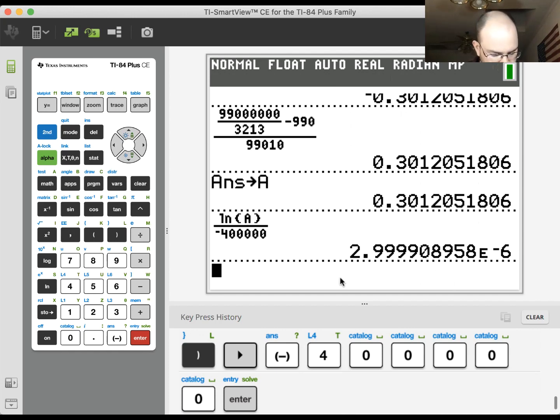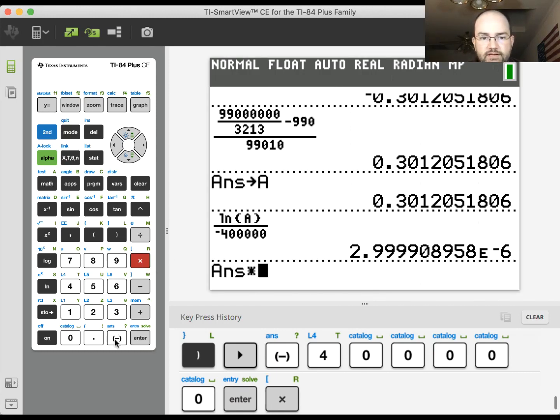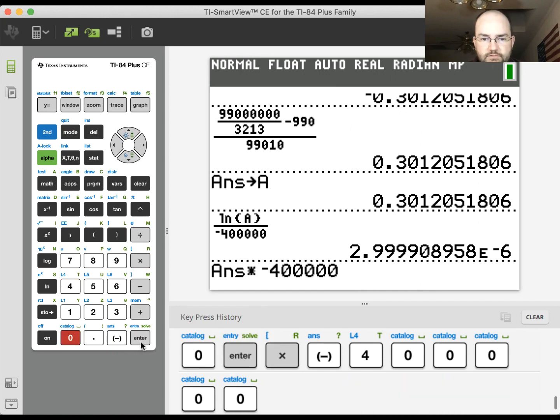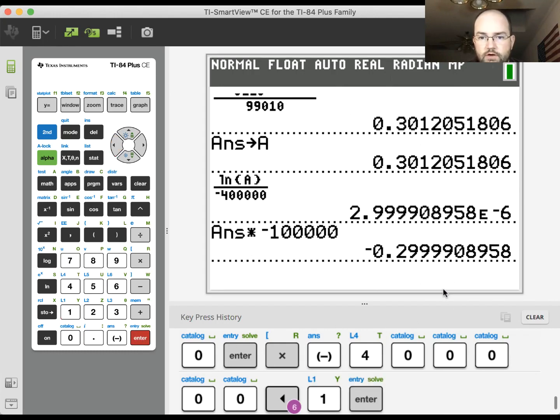Now, we do need to multiply that by the exponent. So multiply by negative 400,000. Whoop, sorry, not negative 400,000, negative 100,000. My apologies. I'll show you why in a little bit. Okay, so there you go. So negative 0.299999898. In other words, negative 0.3, basically.